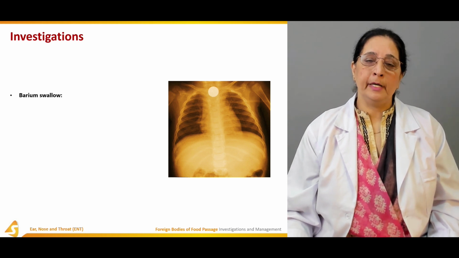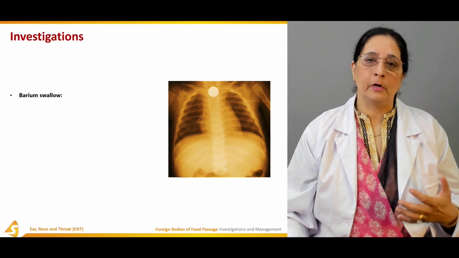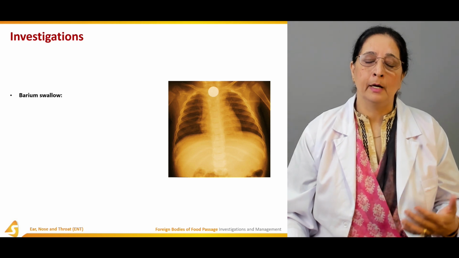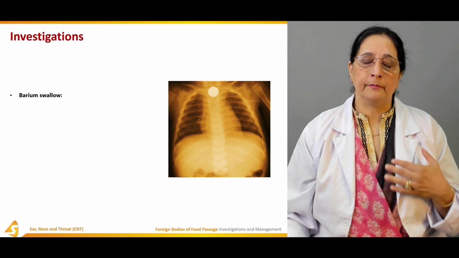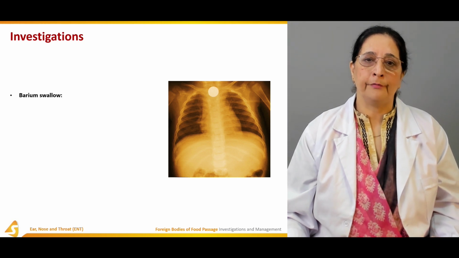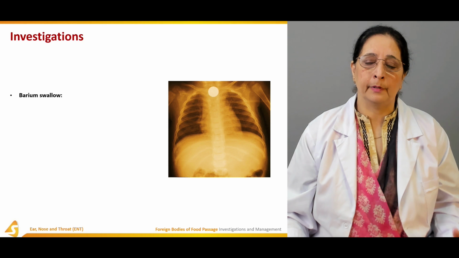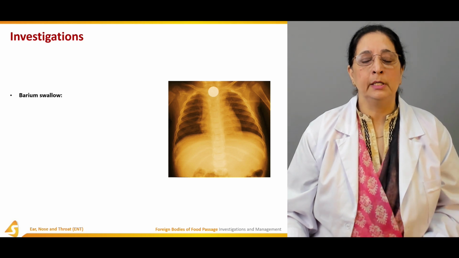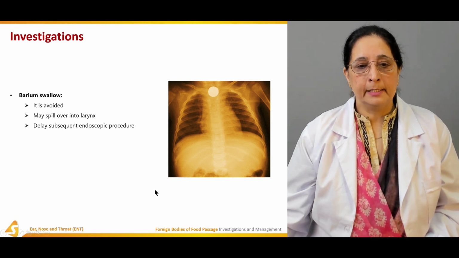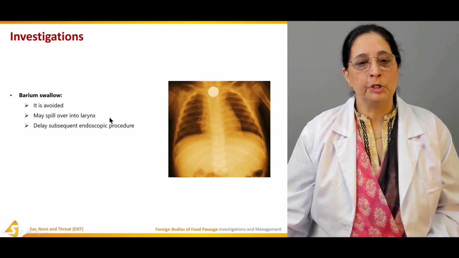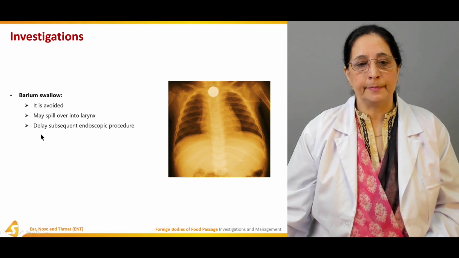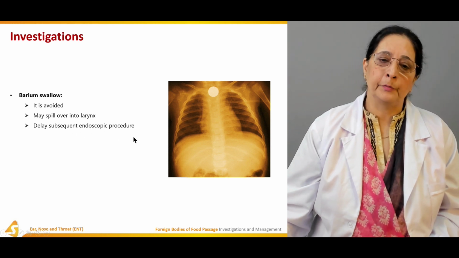Barium swallow. Barium swallow is used for the diagnosis of the upper GI tract, which shows the esophagus and upper pharynx. It should be avoided, as it may spill over into the larynx and delay the subsequent endoscopic procedure.